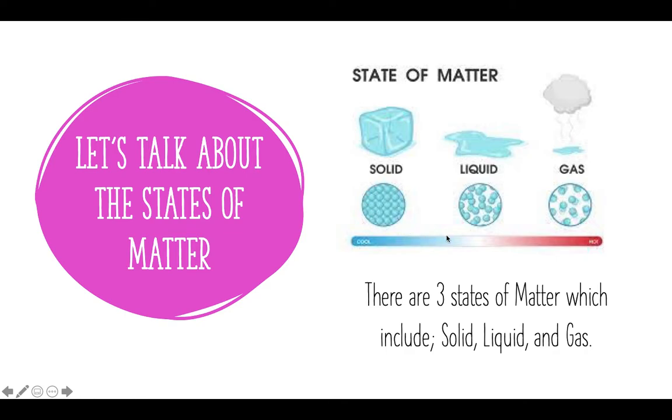They don't move around a lot. They vibrate a little bit, but they're very tightly packed. In a liquid, the particles are more loose. They're moving around a little bit and might be bumping into each other a tiny bit. And in a gas, they are moving quickly and are spaced further apart. They're not hitting each other as much because they're flying past each other at a rapid pace.